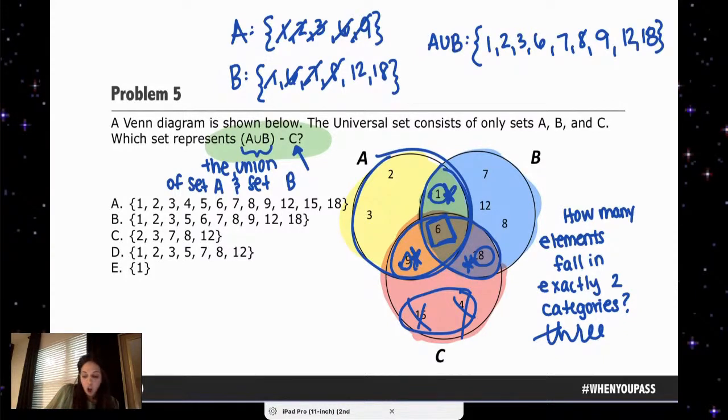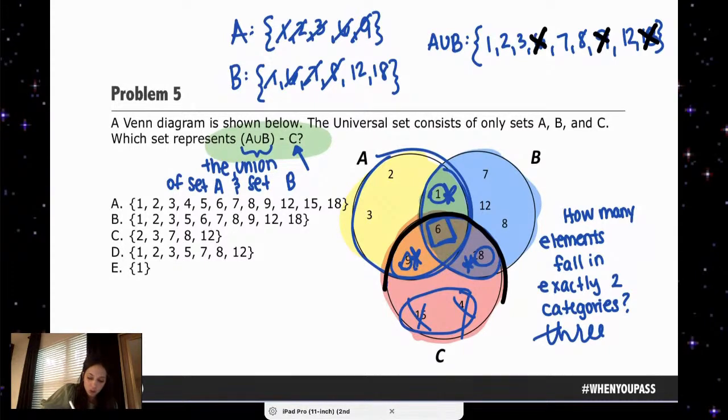There are. All of these elements exist in C. So I have to take out 6, 9, and 18. So my answer is 1, 2, 3, 7, 8, and 12.